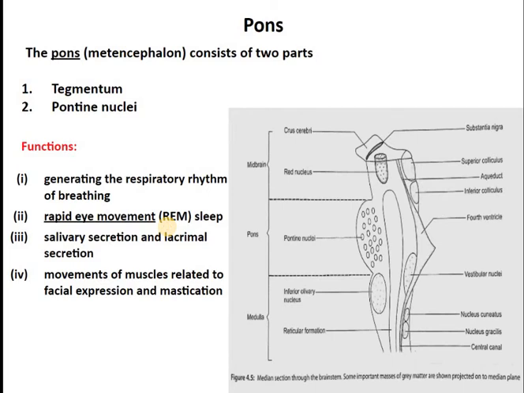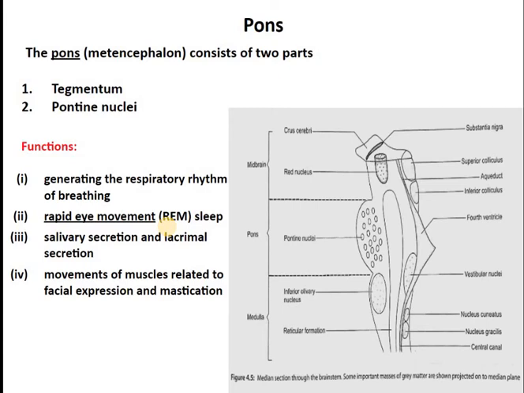Our sleep time is divided into two phases. One is REM sleep, another is non-REM sleep. During REM sleep, although the person is sleeping, his eyeball moves very rapidly. So this type of sleep is called REM sleep.